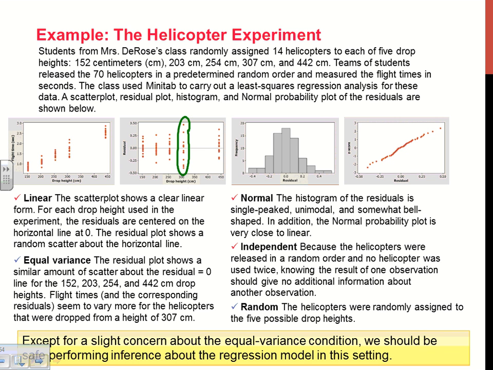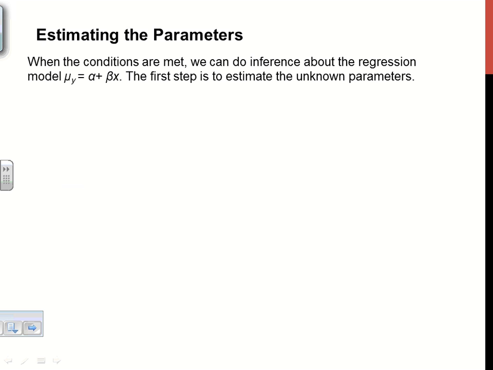And random, the helicopters were randomly assigned to the 5 possible drop heights. So, except for that slight concern about the equal variance, the one that we circled there, we should be safe performing inferences about this regression model in this setting.